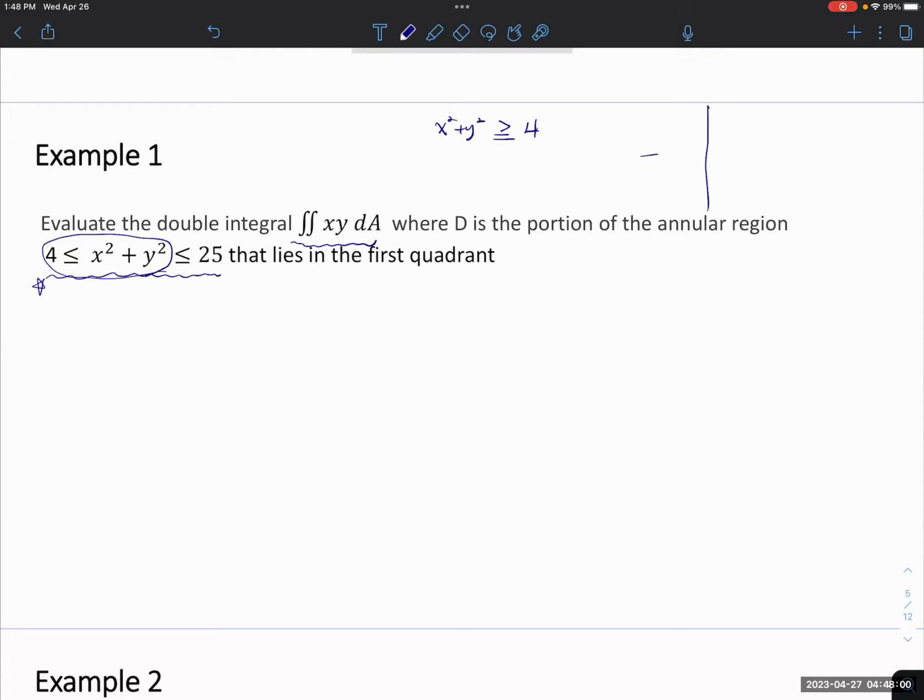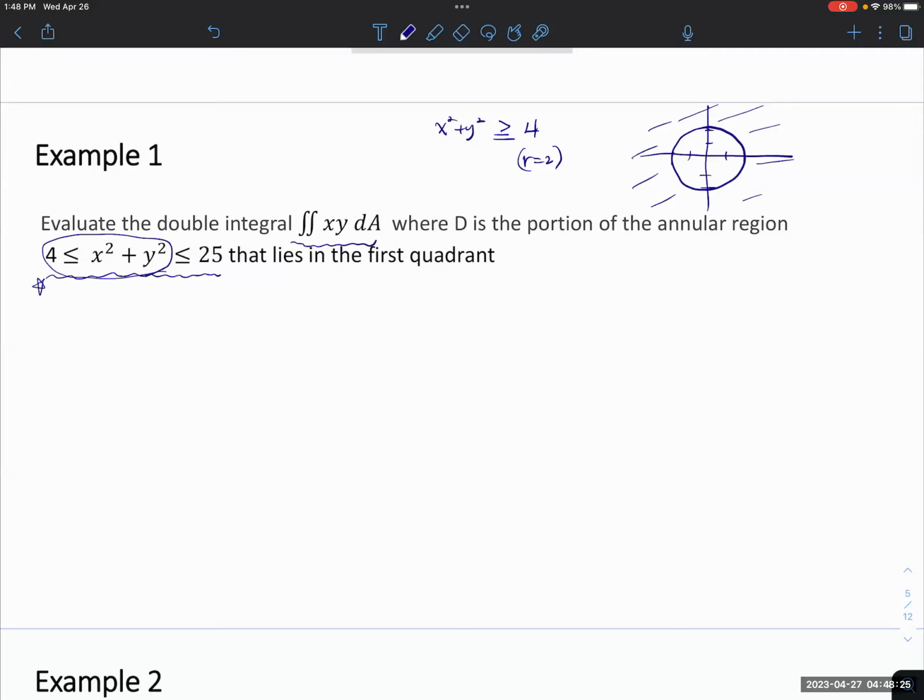If you look at the circle, this means the radius is 2, correct? So we have a circle. And they say greater than, so it's the outside area. That's one equation you can discover.